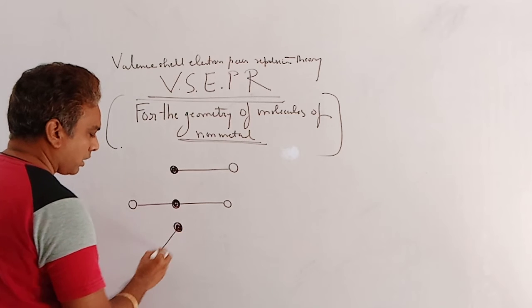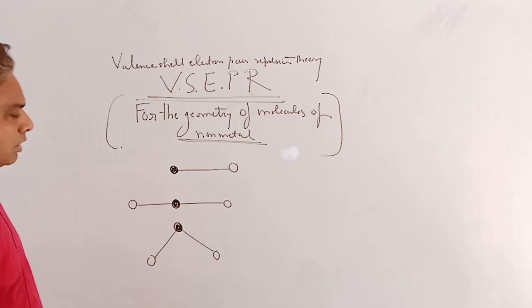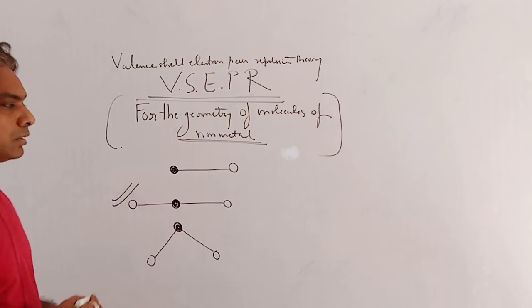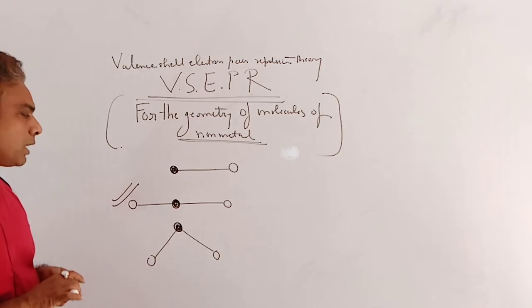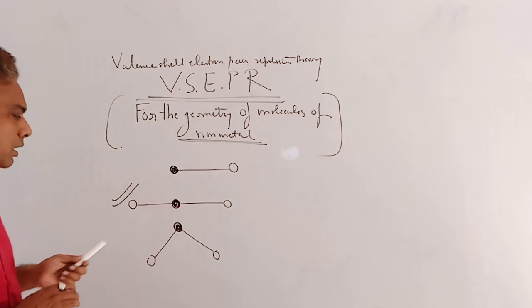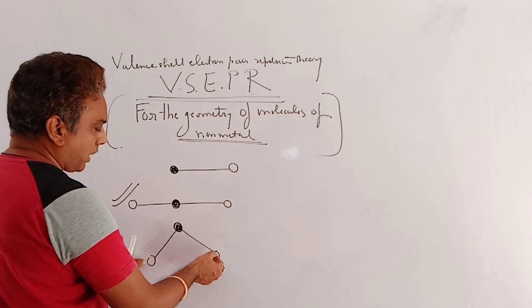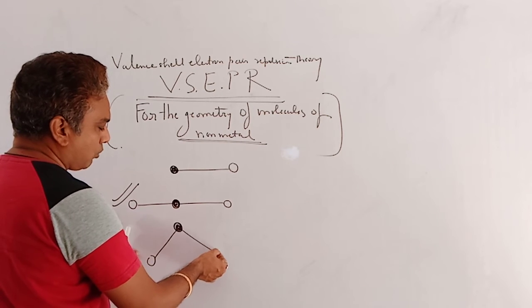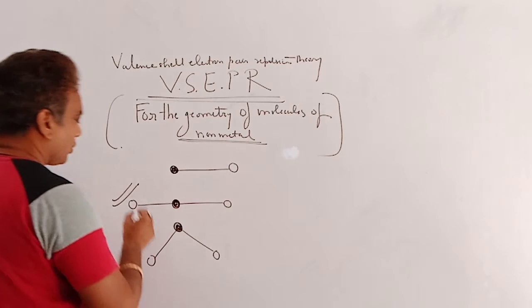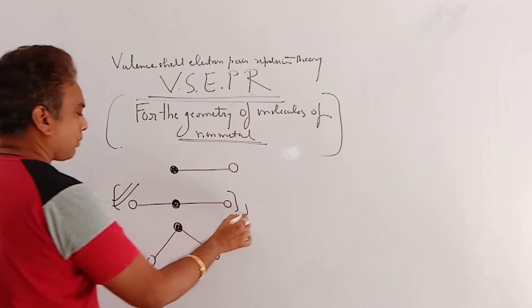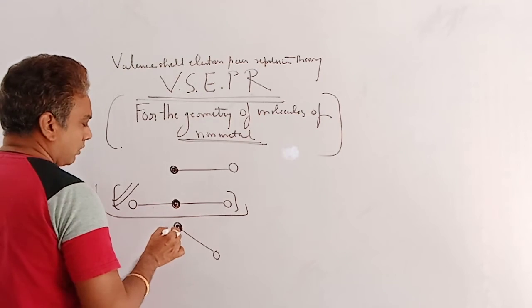One more arrangement is like this, a bent shape. But in this geometry, the first assumption, that every atom tends to stay apart, is not satisfied. As we move to bent shape, the distance between atoms is decreased. But if we move linearly, the distance of these atoms will be maximum. So according to the first assumption, the most appropriate arrangement of three atoms will be linear. Clear?